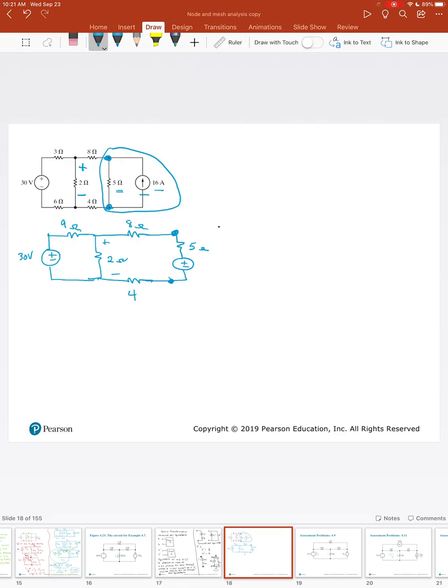And that voltage source is going to be I times R, so it's going to be 16 times 5 or 80 volts. Now, wow, things just got a lot simpler. Here's my 30 and my 9, my 2, and now adding all of these together, here's my 17 ohms again. Here's my 80 volts.